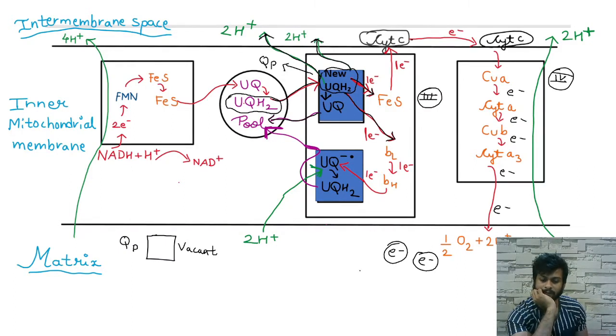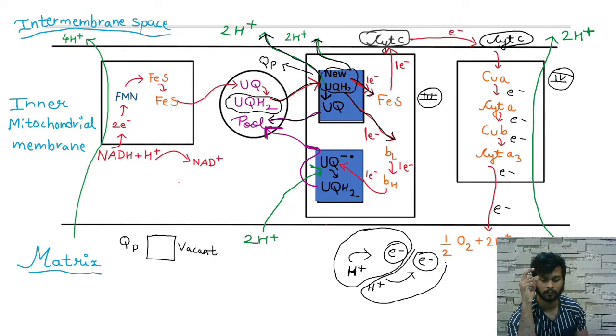We know that positive things will be attracted by negative things. So 2 H plus ions will combine with 2 electrons. One hydrogen atom has 1 proton and 1 electron. So can we say that a hydrogen atom is getting formed? Yes, 1 proton, 1 electron is a hydrogen atom.